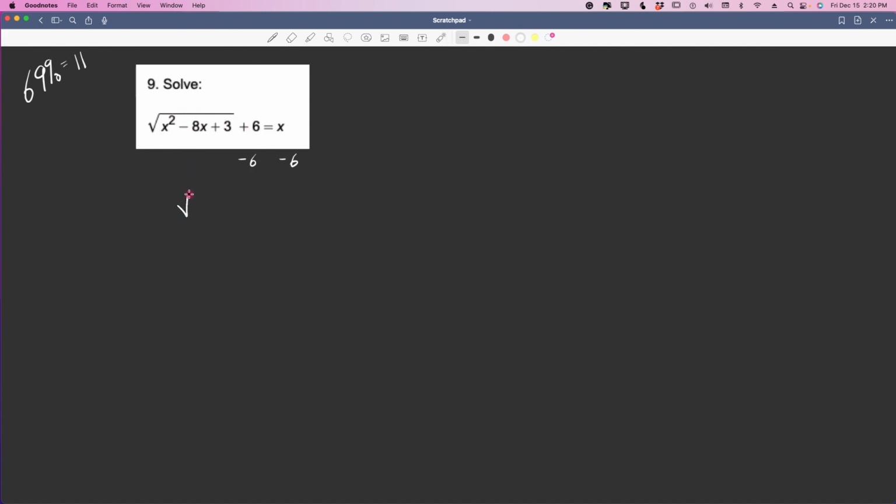So then we would have the square root of x squared minus 8x plus 3 equal to x minus 6. So then we would square both sides, and we would have x squared minus 8x plus 3 is equal to, and I'm going to rewrite this x minus 6 just for the sake of seeing it, and I'm doing it all in my head.